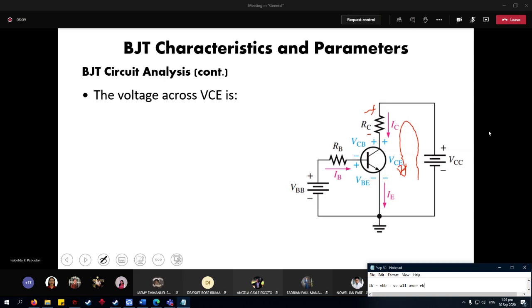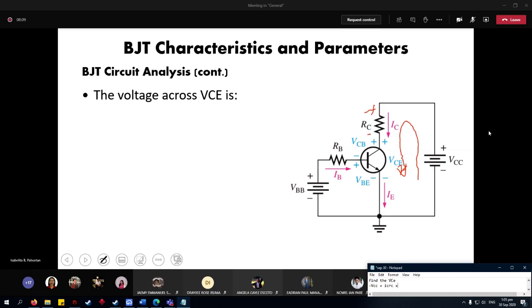So, doing that, you will have negative VCC. You just follow the arrow, the loop current, entering the negative. So, negative VCC plus voltage across RC, plus VCE equal to 0.